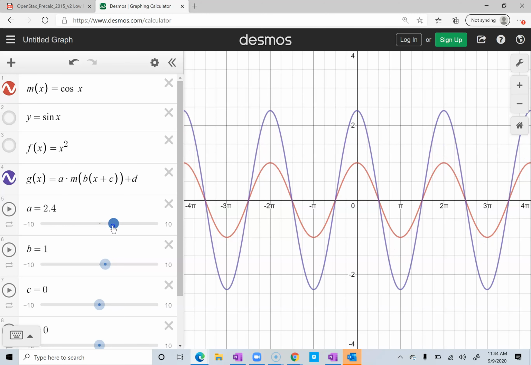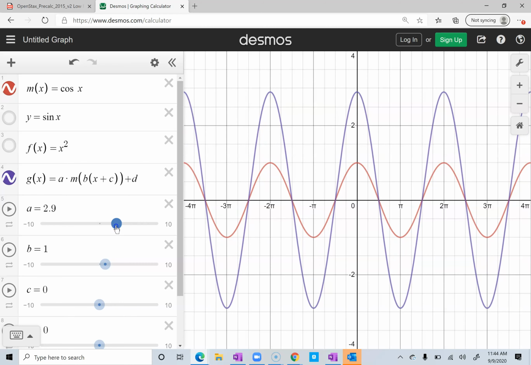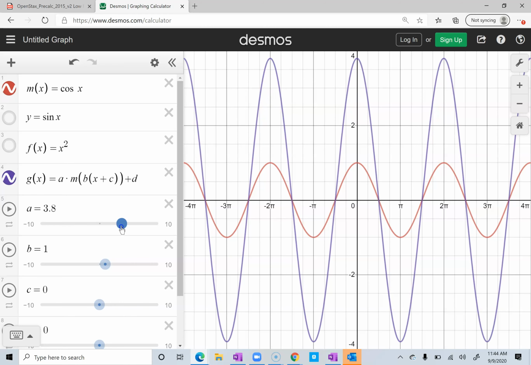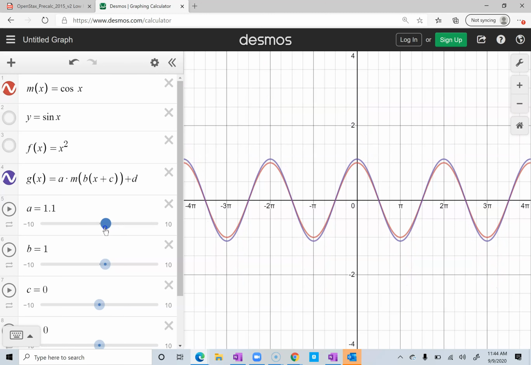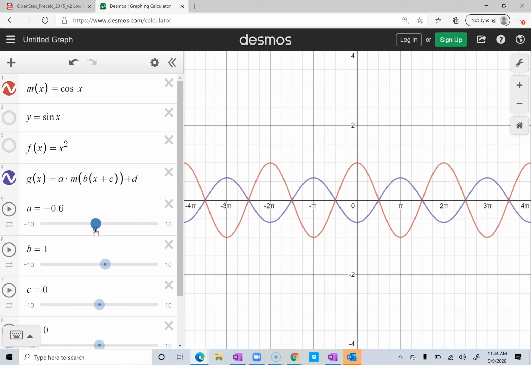You see that wave function stretching? If we were talking about sound, we are turning up the music. If I make this between 0 and 1, it compresses it. The music is being turned down. If I make it negative, it's going to flip it, invert it. If I make it 0, then it's a horizontal line because it would be the line y equals 0. That'd be no noise at all. It'd be stereo off. Questions?